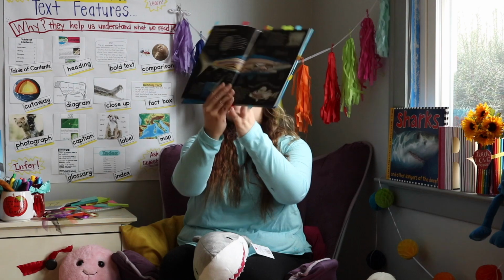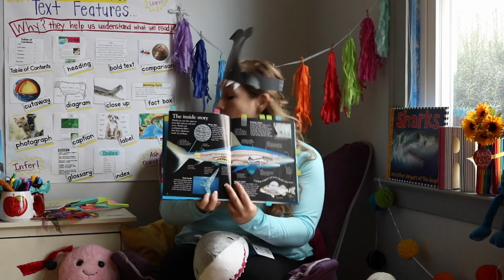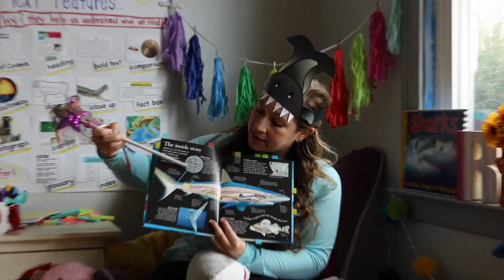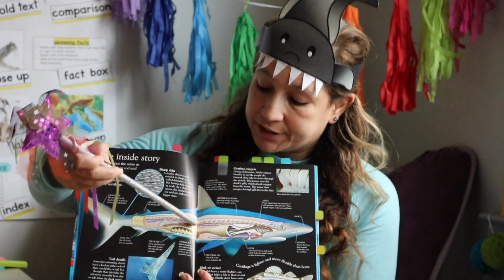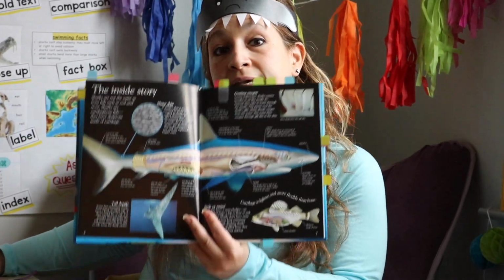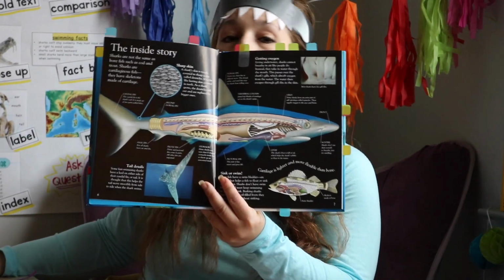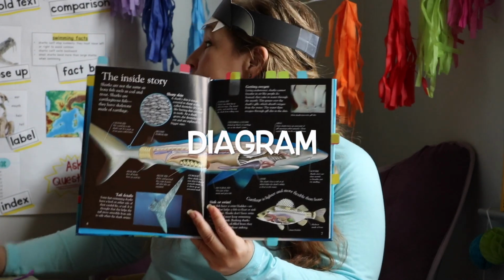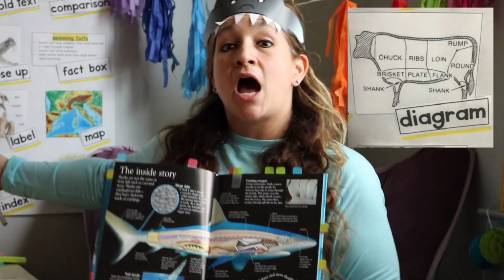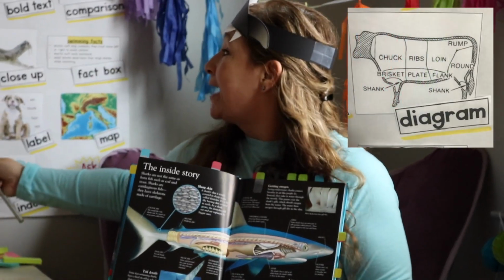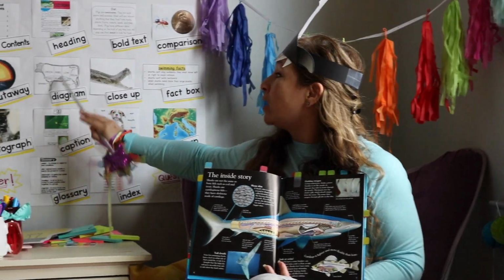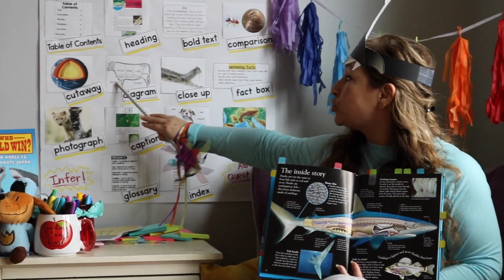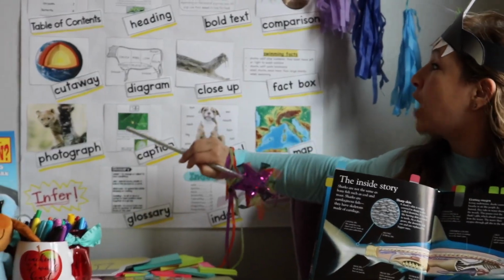And if you look at this cutaway, you can also see that there are lines pointing to certain parts of the shark. Can you see that? It's kind of like a diagram. That's another thing that we can see in nonfiction text, is a diagram where they show different parts and they use arrows to point to where other things are.